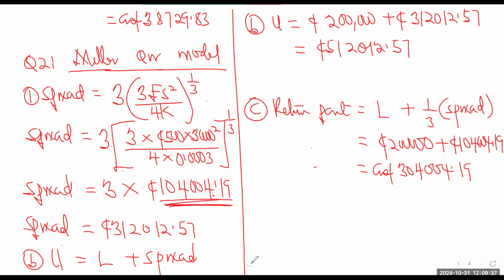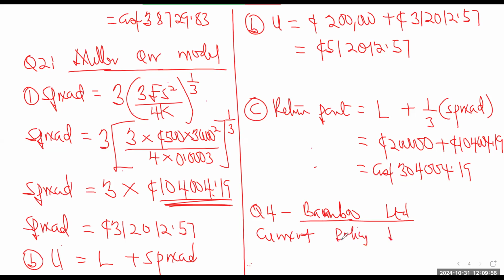Now we come to question number 4, which is Bamboo Limited. So we look at the current policy. We can actually do this from a very simple side, so we don't have to stress ourselves.